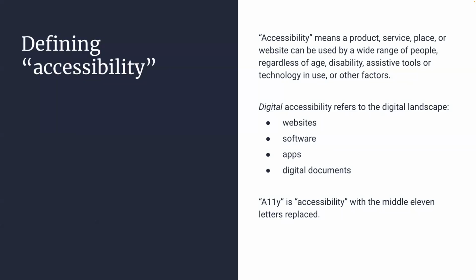When we talk about digital accessibility, we're referring specifically to things like websites, software, apps, and digital documents like Word docs, PDFs, slideshow presentations, emails, and so on. You might also hear accessibility referred to as a11y. The word is written A11Y and is derived from replacing the middle 11 letters of the word accessibility with the number 11. So how do we measure accessibility?